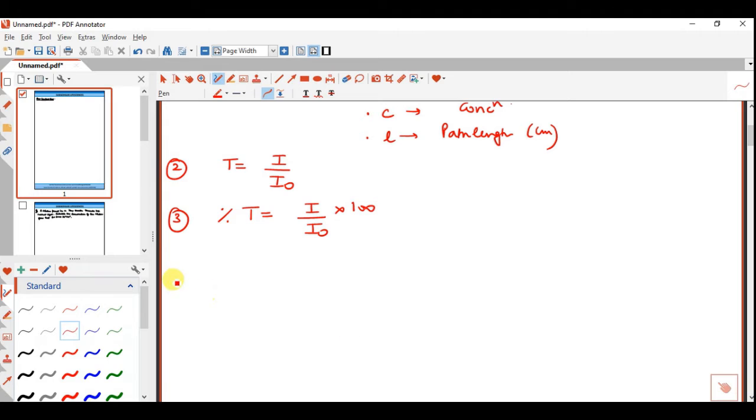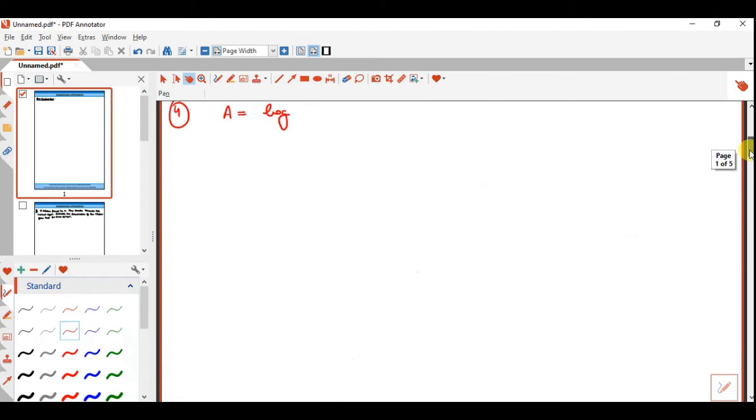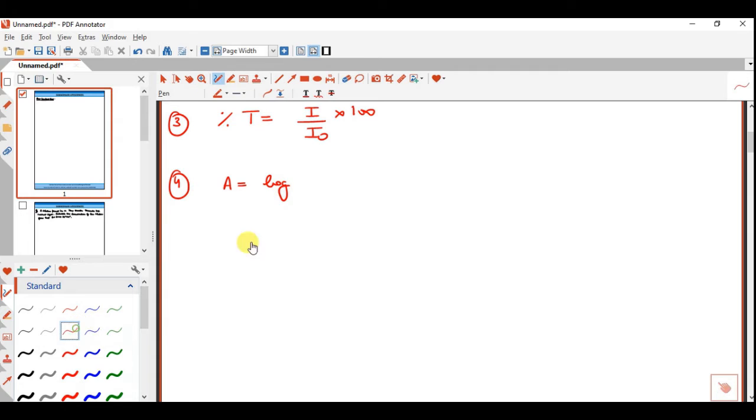And finally let us sum up. Absorbance is log I naught by I. If I write absorbance in terms of transmittance, I can also write it as log 10 of 1 by T, because transmittance is just the inverse of the ratio in absorbance, and the log term is not there.